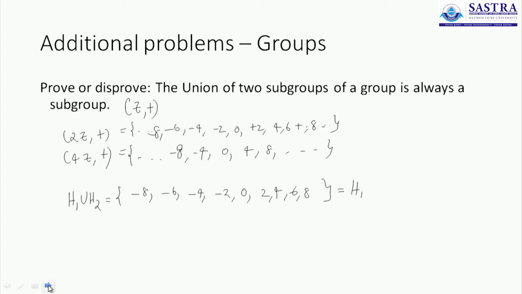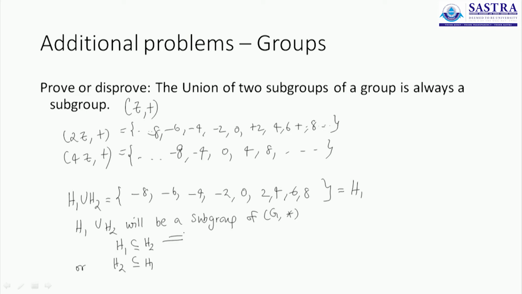And then you see that all of this happens. That is how we generalize. We state that H1 union H2 may or may not be, but it will be a subgroup of G star if H1 is contained in H2 or H2 is contained in H1.